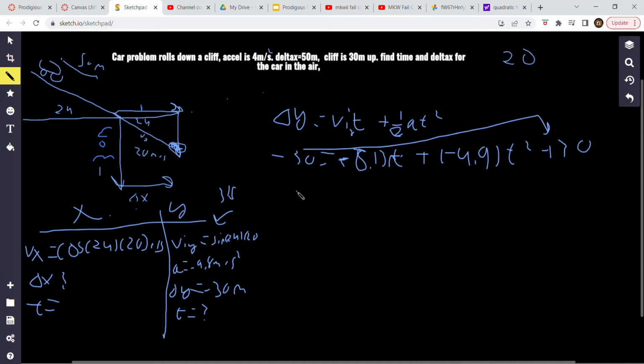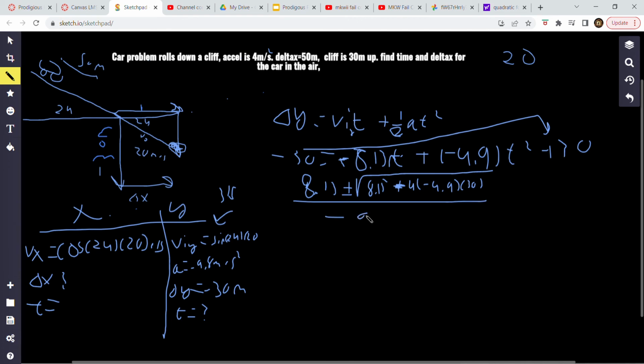So we're going to get negative b, so negative 8.13 plus or minus square root of 8.13 squared, minus 4ac, so negative 4.9 times 30, and we're going to put this over a negative 9.8.